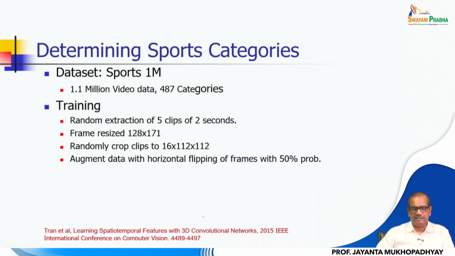The authors did some experimentation to show the applicability of this kind of network. While training, they considered random extraction of 5 clips of 2 seconds to keep it manageable, because videos are long.